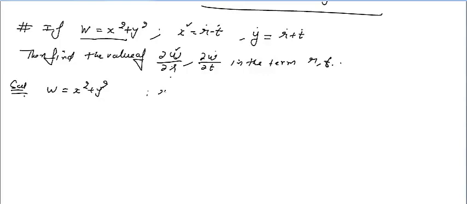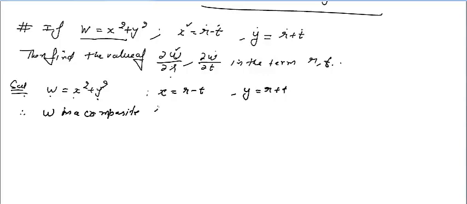Now first, the value of x is r minus t and the value of y is r plus t. Now you know that w is depending upon x and y, which are further depending upon r and t. So w is a composite function of r and t.